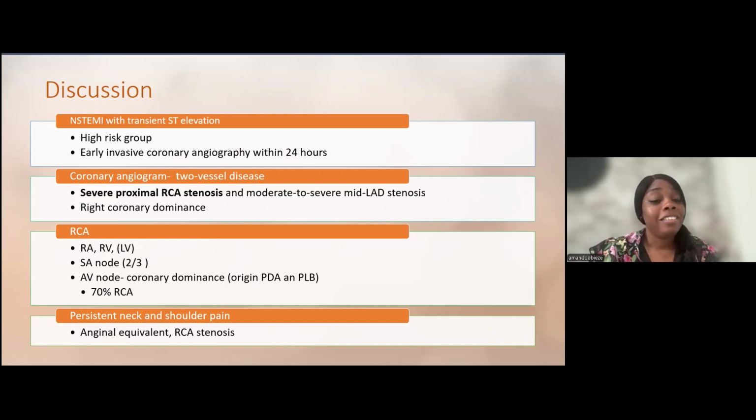So this patient's persistent neck and shoulder pain has obviously been proven to be an anginal equivalent, given the fact that he had resolution, which did not reoccur after the RCA stent was inserted. Next, please.